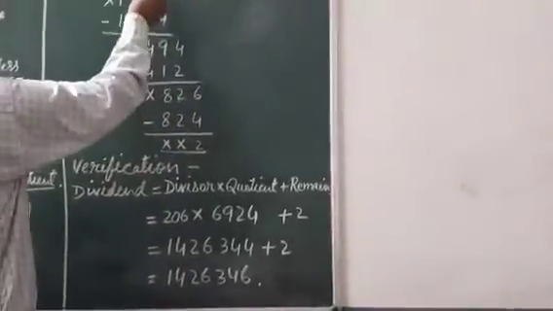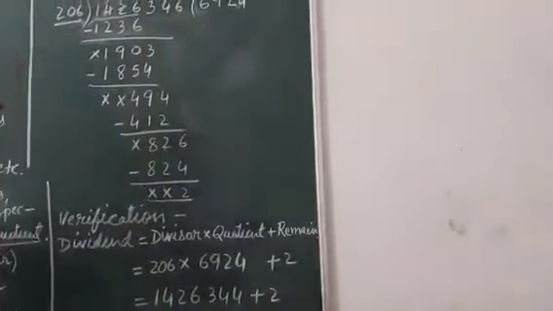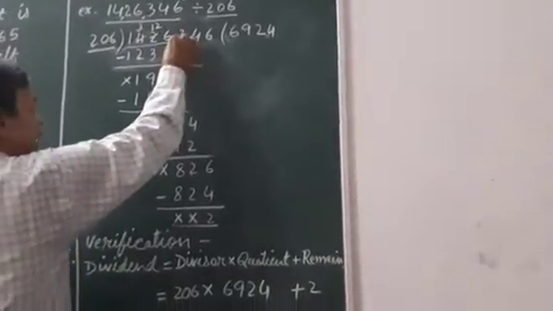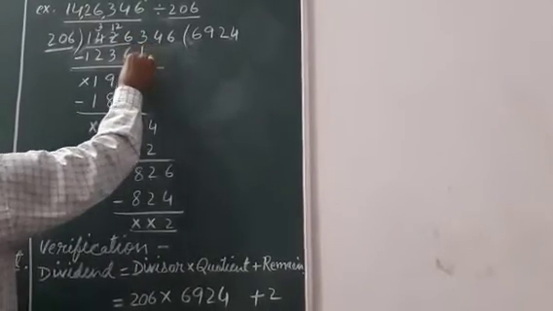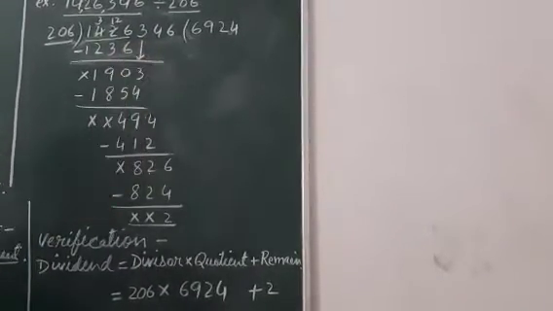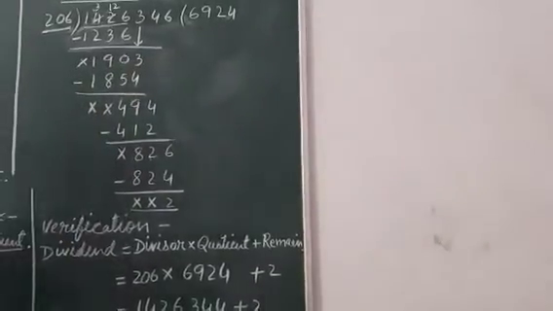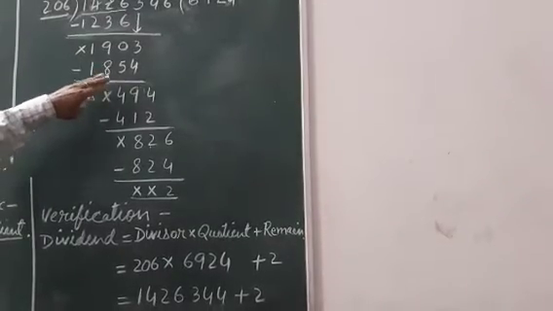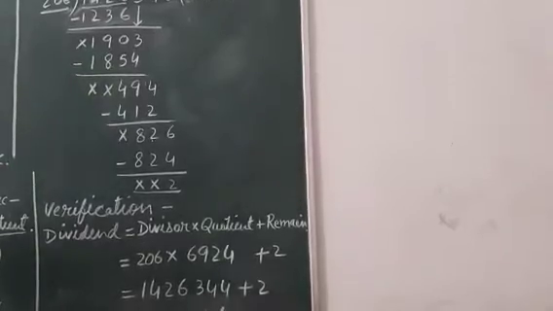Children, as you can see, after 6 there are no more digits in the 3-digit group. At this time we will bring down 1 digit. Just after 6 we have 3, so 3 will be brought down. We get a new number 1903. Now we have to find a number which is just smaller than 1903.